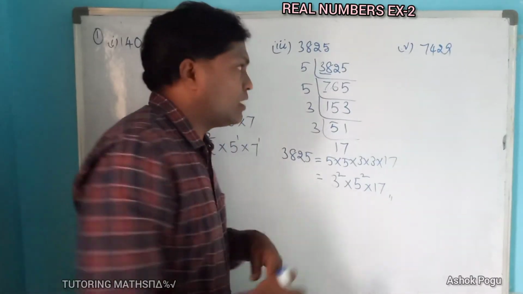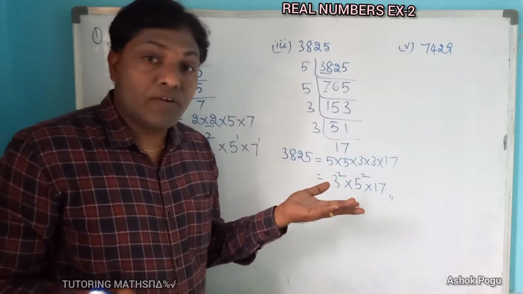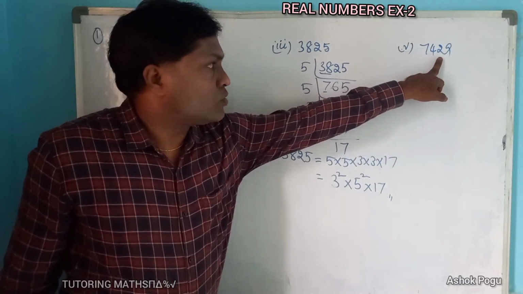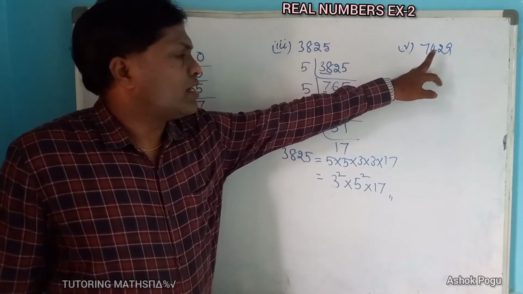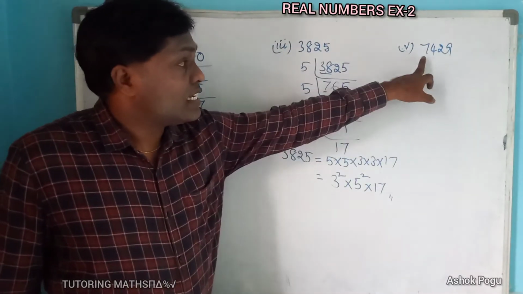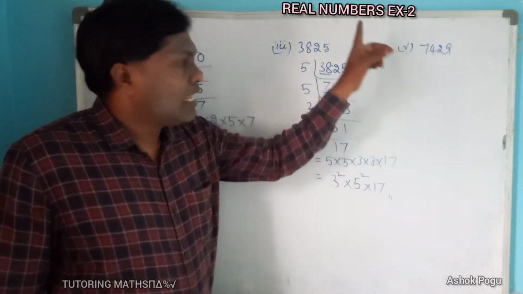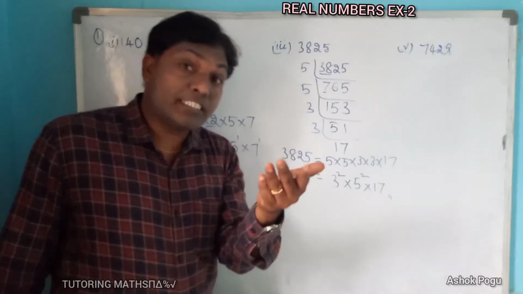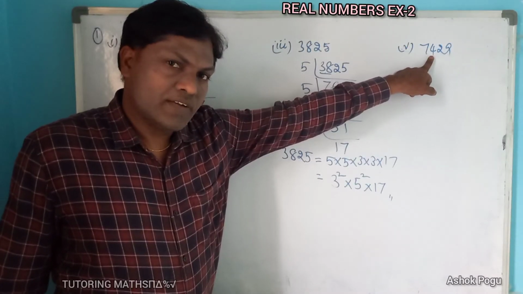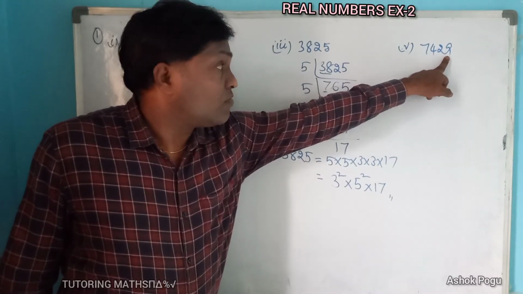Let's see the fifth question. 7429. What is this divisible by? When you get this type of number, how do you check? 7 plus 4 is 11, plus 2 is 13, plus 8. It is not divisible by 2, 3, or 5. Let us check 7. 7 1s are 7, 0, 7 6s are 42, but 9, so 7 is not possible. Check by 11, the next prime number. 11 6s are 66, 74 minus 66 is 8. 82, 11 7s are 77, 5, 59, not possible.